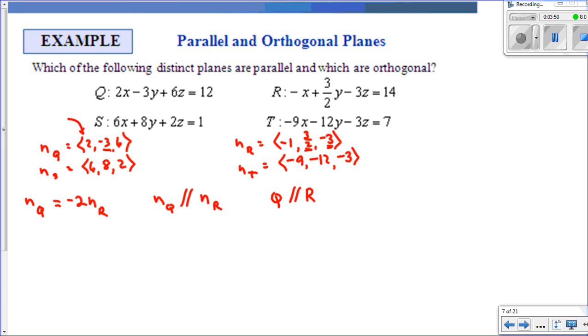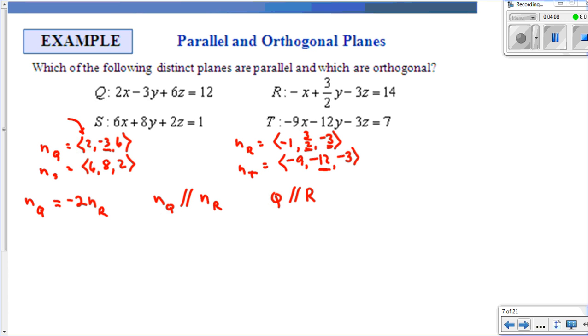So now let's check NT and NQ. Let's see, for NT to be a multiple of NQ, I could multiply NQ times 4. That would get the middle component.